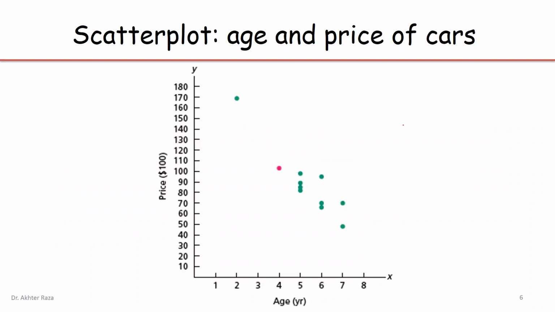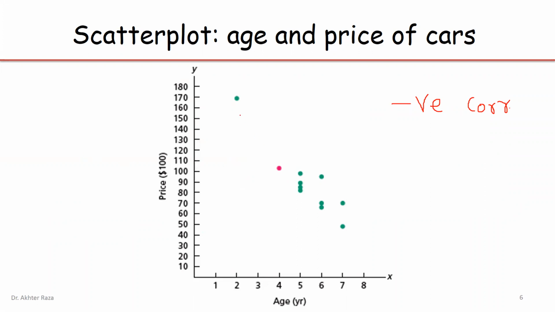So we may have an association which is negative in relation. This is called negative correlation, or a negative relationship. Negative relationship means one variable is increasing, then the other variable is decreasing, and vice versa.